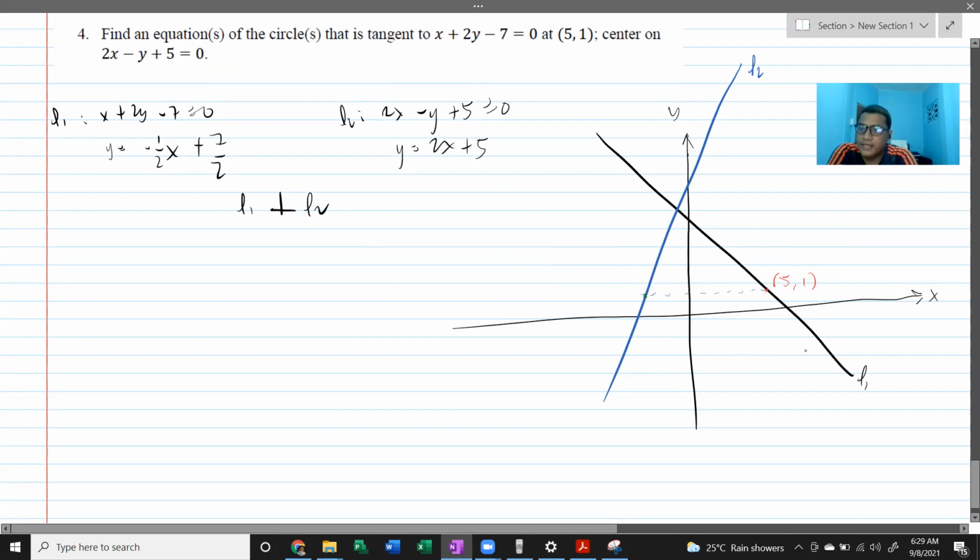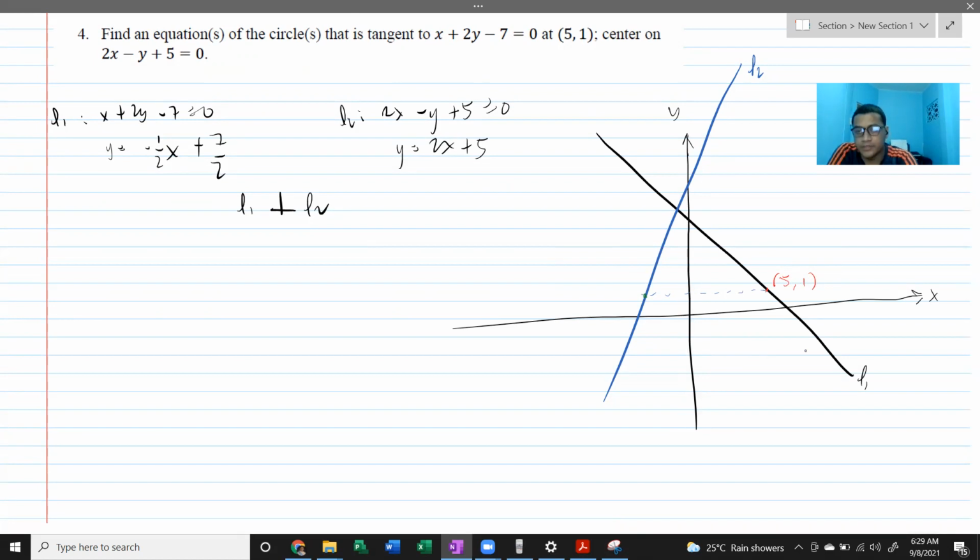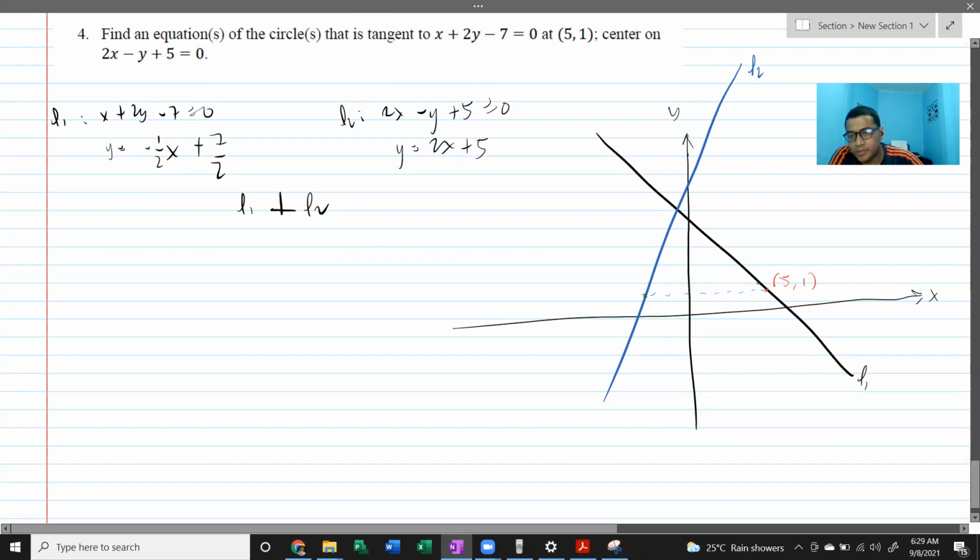But let's first recall some properties of the circle. The radius must be perpendicular to the tangent line. So this should be perpendicular to the tangent line. So hindi dito yung center point. It must lie here such that the radius is perpendicular.